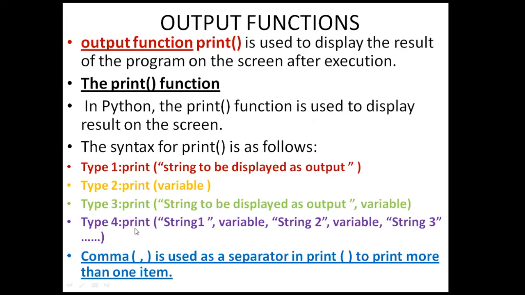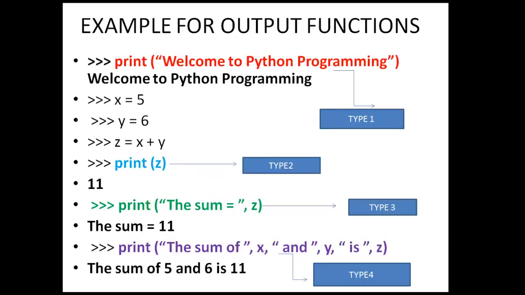Sometimes in a single print statement, you may require to print multiple strings along with their variable values. So Python is able to separate the first string with a variable, the second string with a variable, the third string with a variable by using the comma operator. Now we'll see the examples of print.